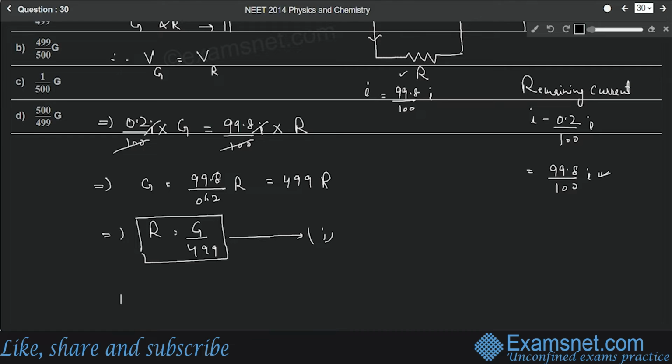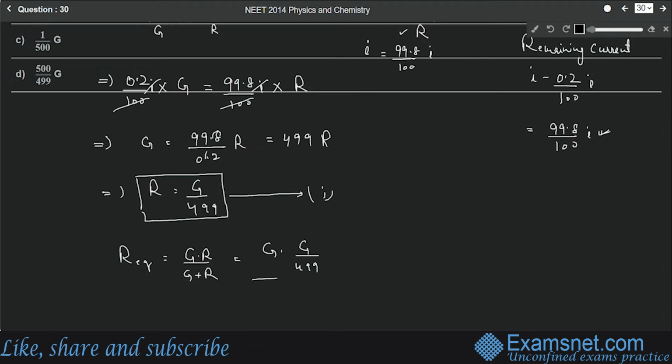So the equivalent resistance will be equal to G into R upon G plus R, because this is a parallel combination. So G into R, and R is equal to G by 499, upon G plus R, that means G plus G by 499. If we solve this, we'll get G square by 499 in the numerator, and in the denominator we'll get 500G upon 499.